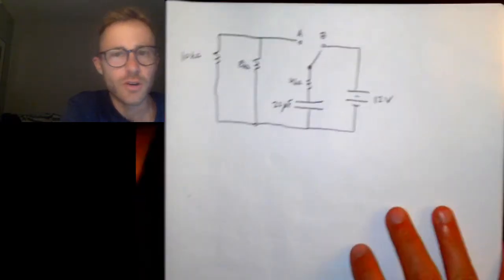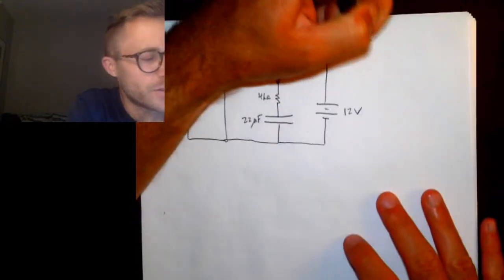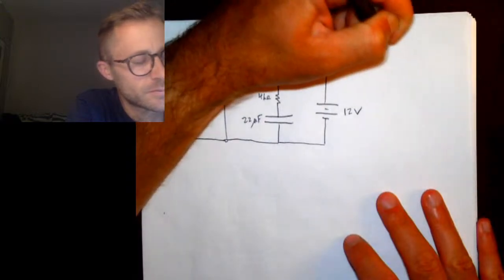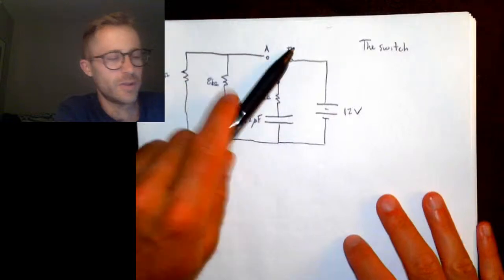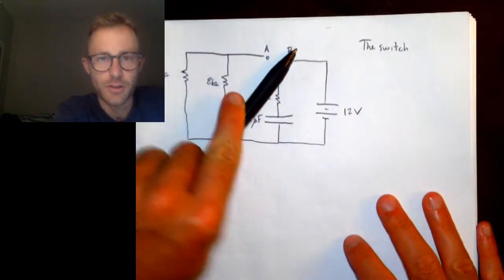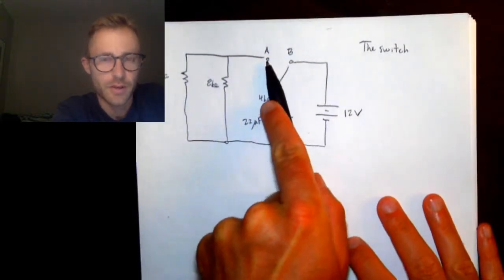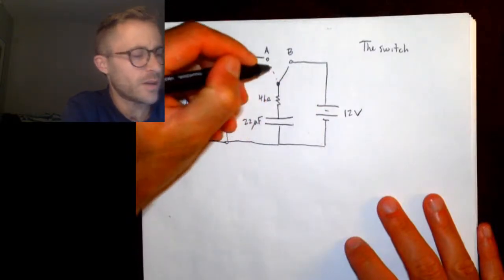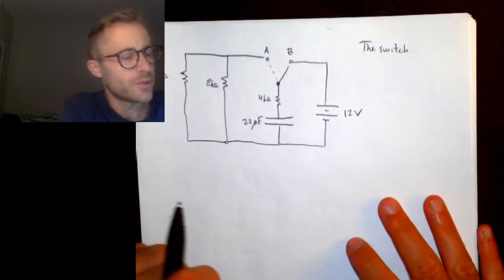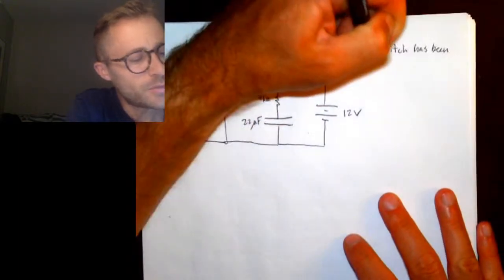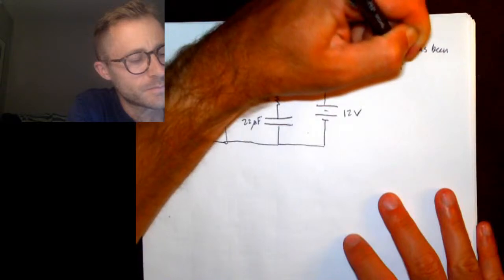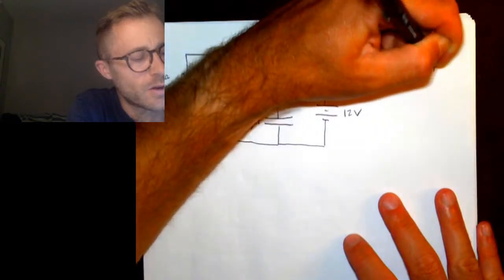Okay. So this is a switch. So this switch can be in this position, or we can click it over to that position. All right. Like that. So the switch has been in position B for a long time.